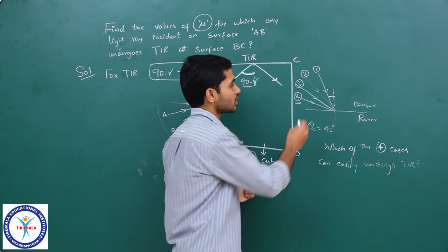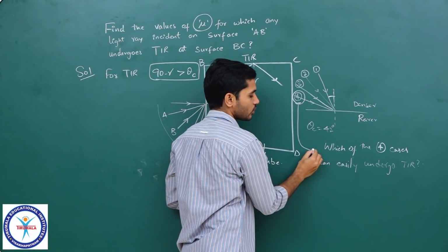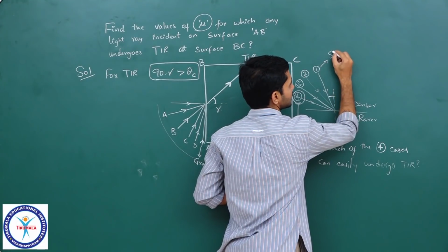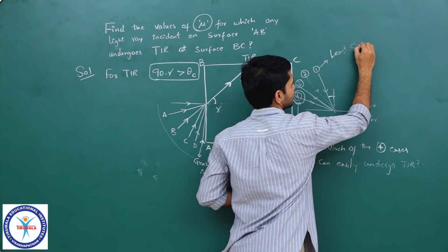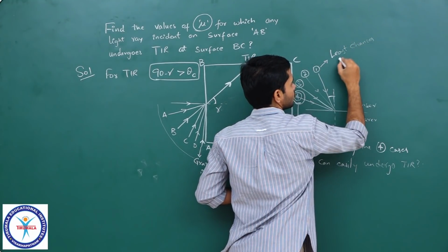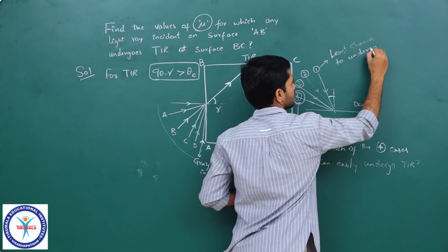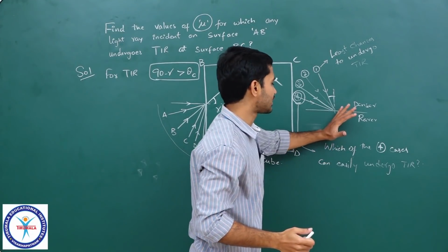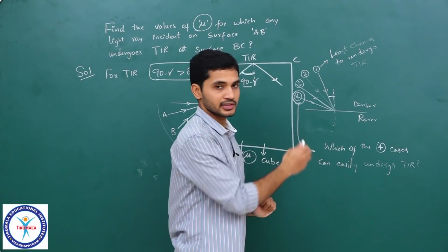So out of these 4 rays, this has the highest tendency to undergo TIR and this one has the least chances to undergo TIR. I don't even have to give you this value. Let us say the value is also not given to us. I am just giving you a scenario like this, clear?